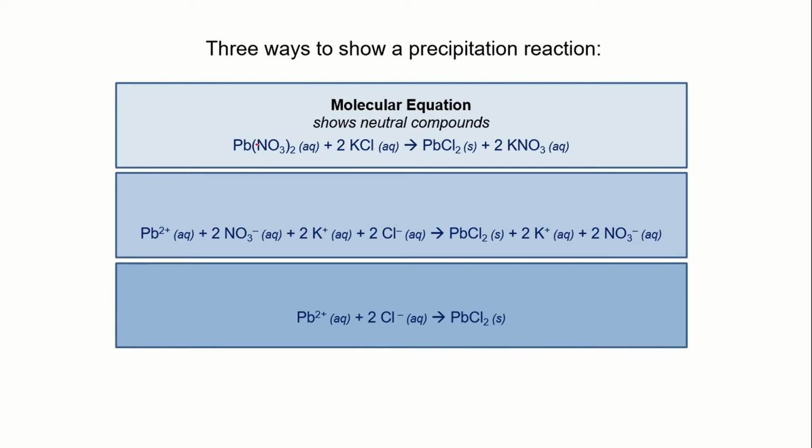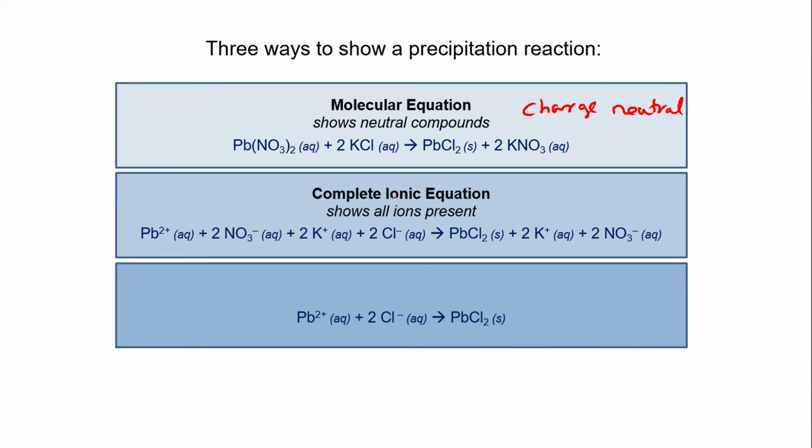What you see here is the formula and the notation indicating the phase, that's all. So in an equation, if you have everything as molecules, charge neutral, we call that a molecular equation.